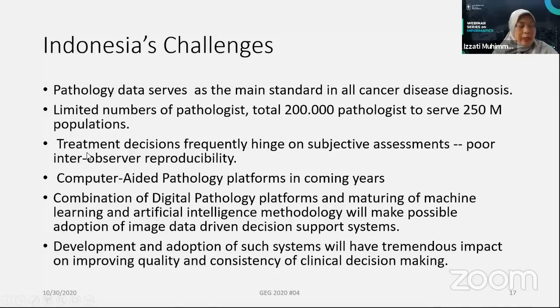And then when we have manual reading, we cannot avoid subjective assessment. When we test or validate the reading, there are some conflicting results among pathologists or within one pathologist.